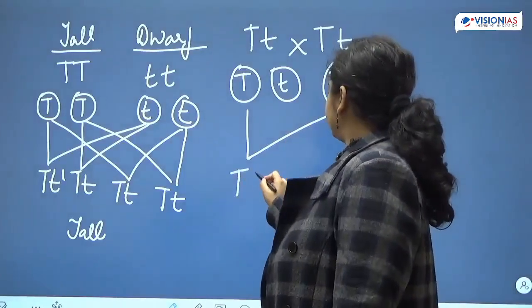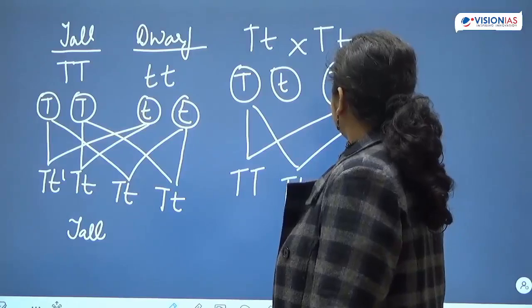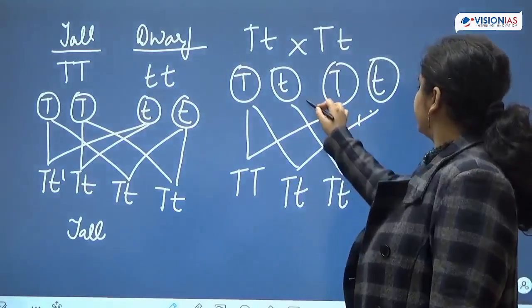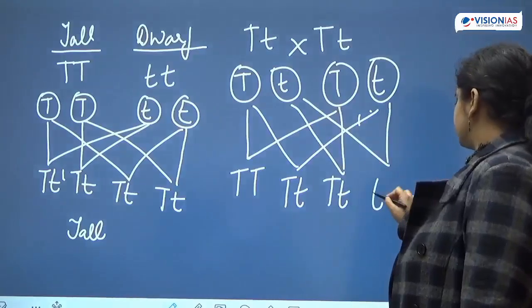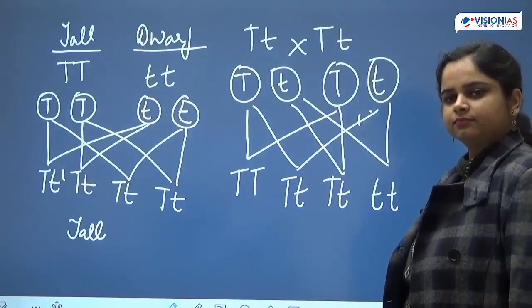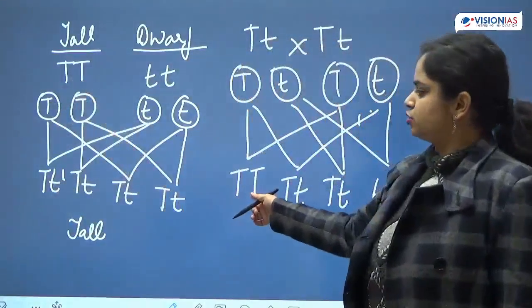So capital T, then capital T, small t, capital T, small t again, and small t and small t. Now from this side, you know, capital T is tall.